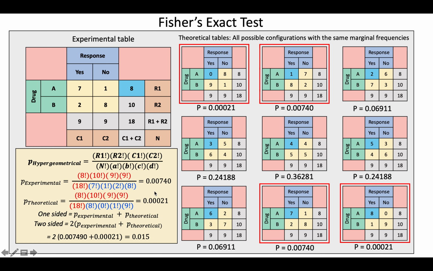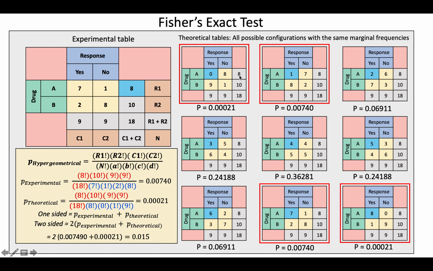So what I'm doing here, I calculate the P experimental, which is based on these values, but here I have calculated the theoretical values as well, which are based on these theoretical tables, on this one exactly.